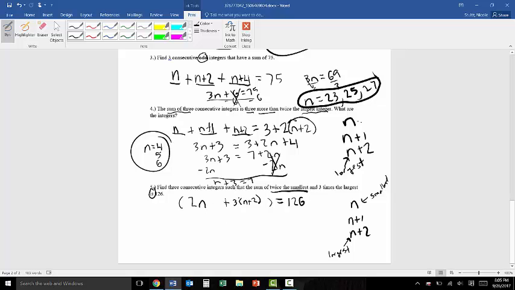So when you're doing a problem like this, you're going to start by distributing. So you're going to get 2n plus 3n plus 6 equals 126. 2n and 3n will make you 5n. Take off 6 on both sides, and we get 120.